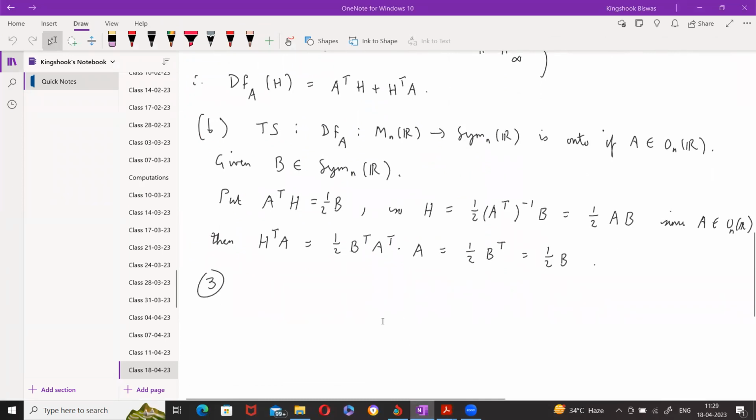All right, so let's be quick. Let's compute the first derivative. So f of x plus h is A of x plus h.